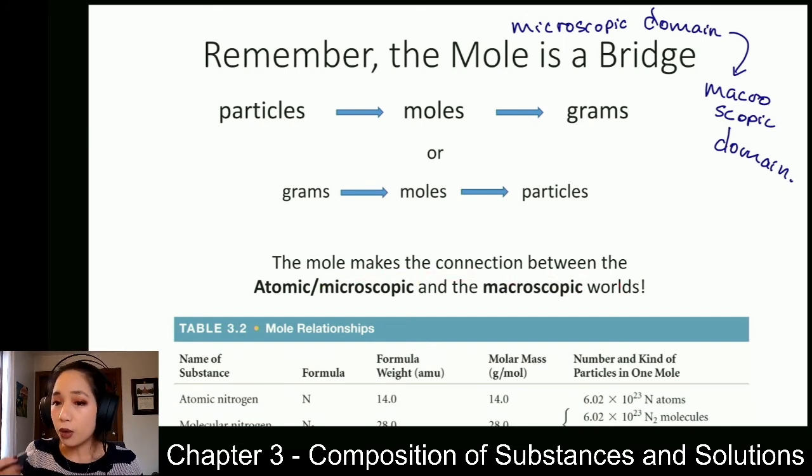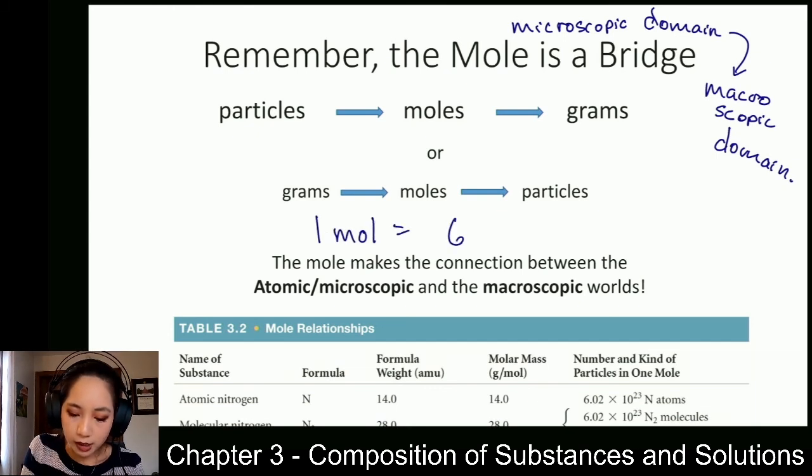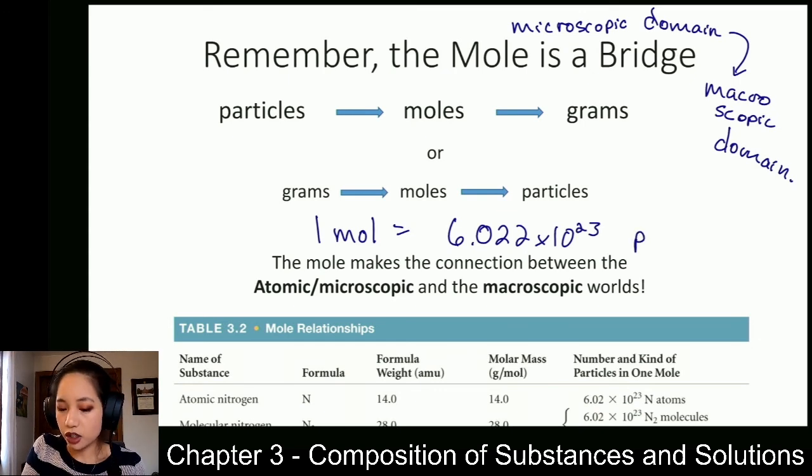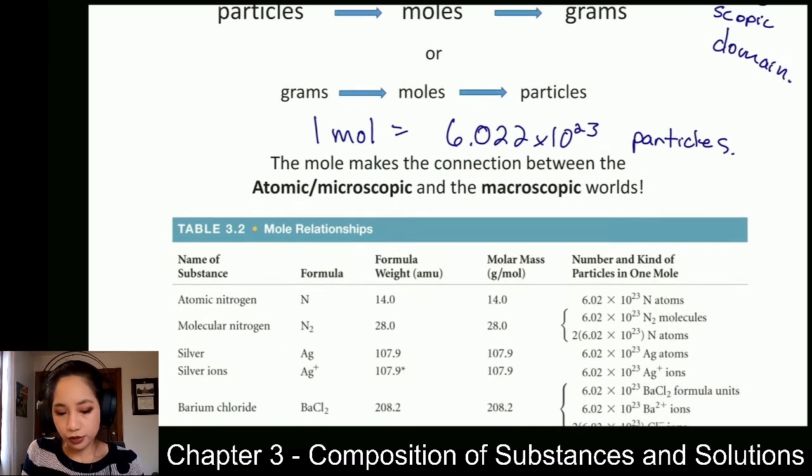Again, Avogadro's number, which everyone should know, 1 mole equals 6.022 times 10 to the 23 of anything. So let's just say particles, whether it's molecules, atoms, whatever, helps us make that bridge between the microscopic and macroscopic worlds.